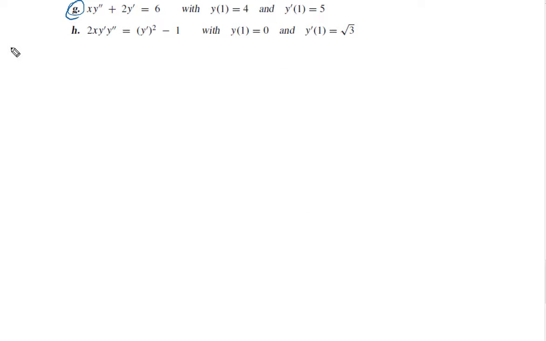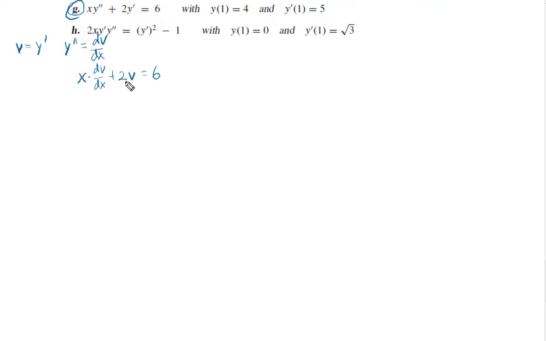So we're going to use the substitution v equals y prime, and y double prime would be v prime or dv/dx. So that would come out to be an x times a dv/dx plus a 2 y prime, which is v, equals 6.